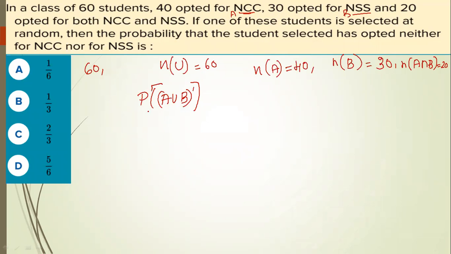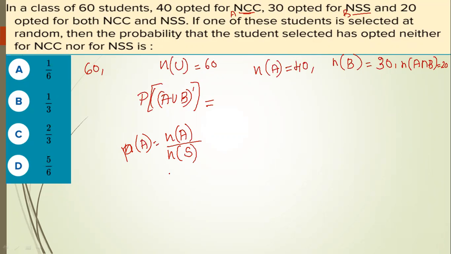They have asked us to find the probability of not opting for both, that is A union B whole dash. If a student is selected at random, the probability that the student is in neither NSS nor NCC is what you have to find. Probability of occurring event A is the number of elements in A divided by the number of elements in the entire set, that is the sample space.